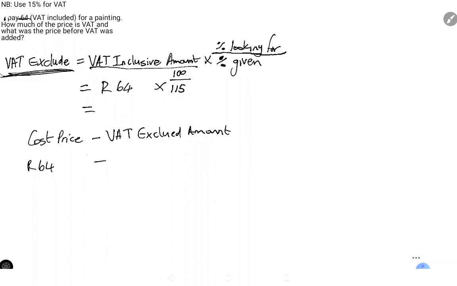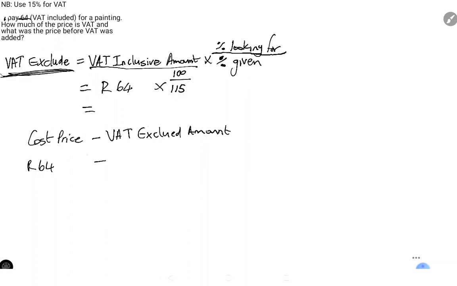Okay, so the VAT inclusive amount is 115%. Now we are looking for the 100% because we want to take out the 15%. So the percentage we're looking for, which is at the top, will then be 100, and I've got it written down in the second step.